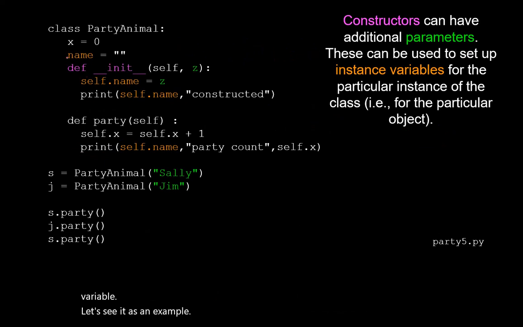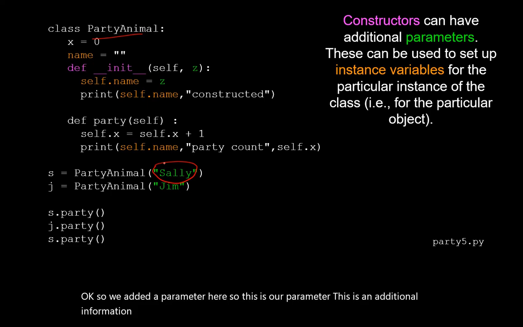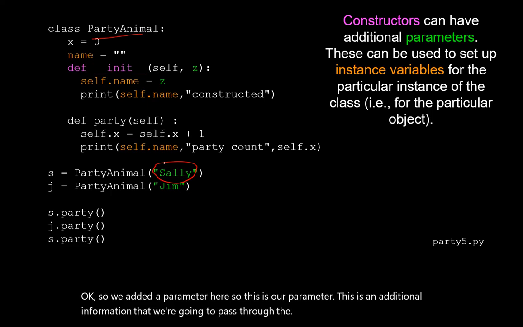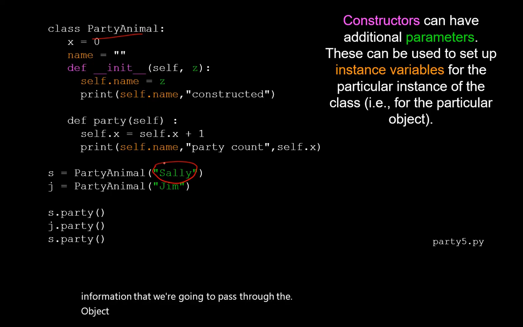So in this example, we have our PartyAnimal class, and here we added a parameter. This is additional information that we're going to pass to the object when we create the object.